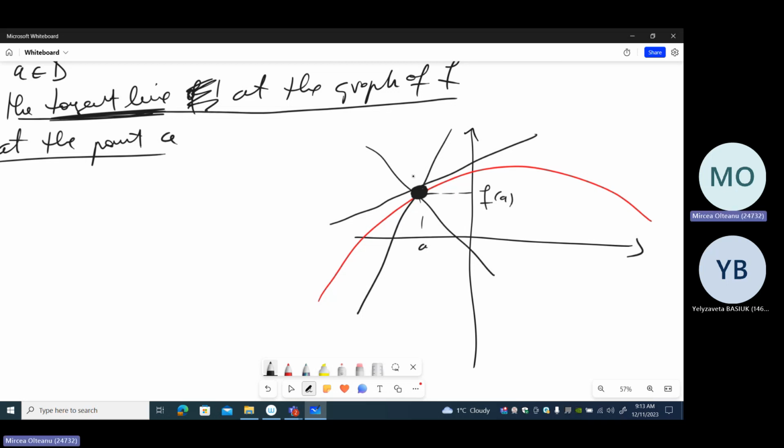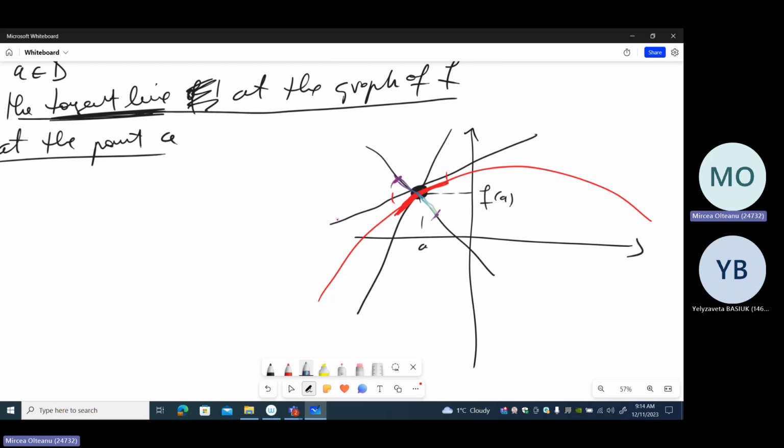So to put the problem like this: if you want to replace the graph of the function around this point, so close to this point, with a segment, what segment would you choose? This is the question. For example, surely this is not good. Well, the answer is given by the so-called tangent line.